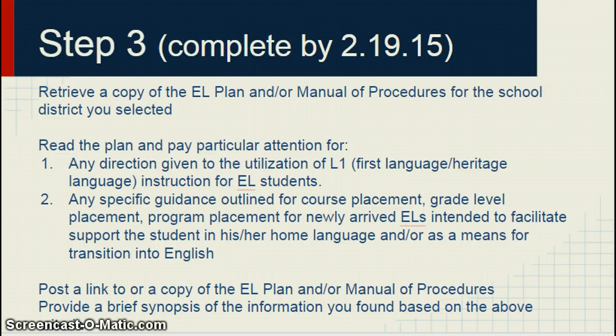I know for us in Shelby County, we have an annual EL plan, but we also have a manual of procedures, and there are some components to our manual of procedures that may not be included in our annual EL plan, such as specific instructional guidance related to secondary ELLs and placement into heritage language courses or foreign language courses of their heritage language, participation in athletics, things like that. So you may need to investigate the possibility of either or both being available for your district.